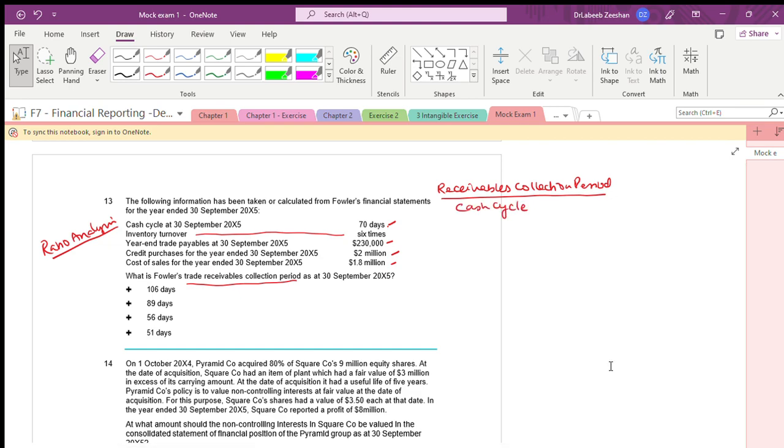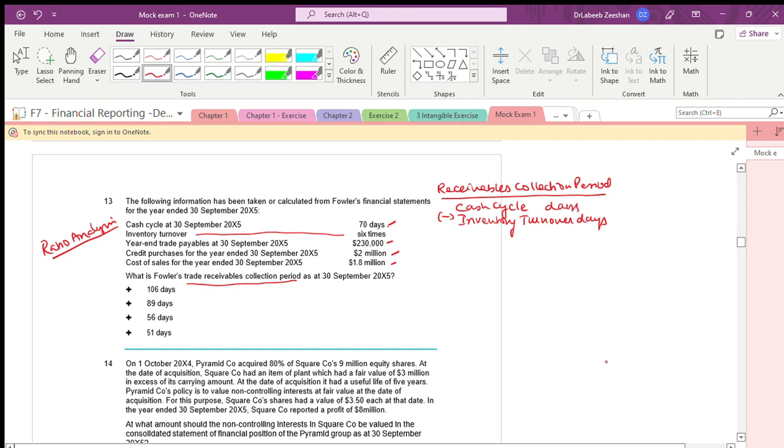This is the formula: cash cycle days minus inventory turnover days plus payables days. Now, how many days is the cash cycle? 70 days. They have given it.